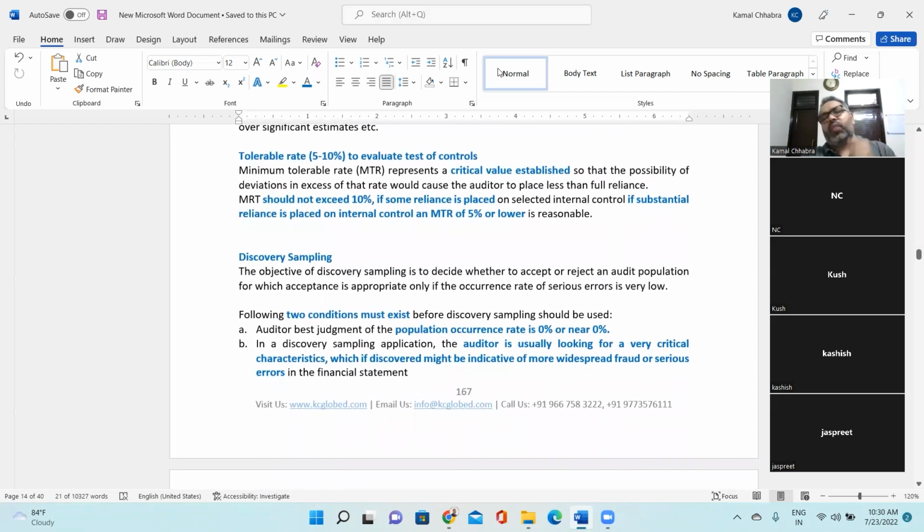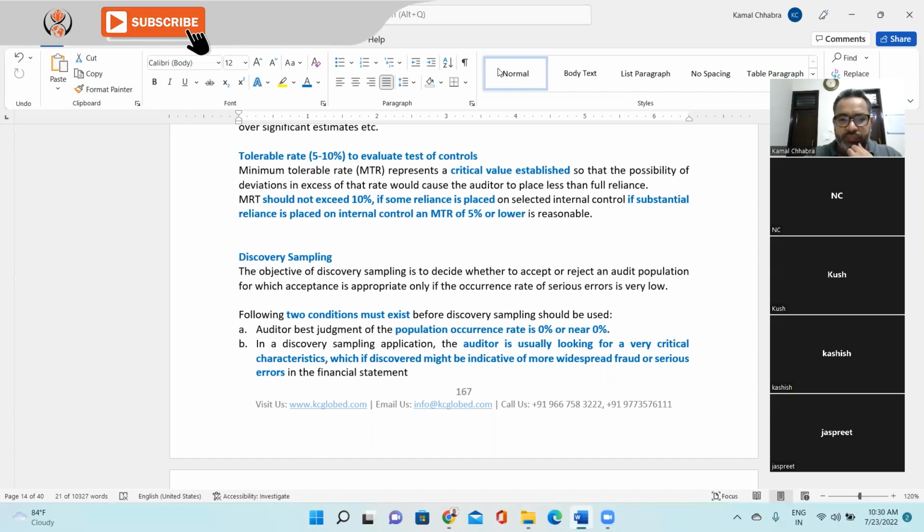Now coming to the tolerable rate. The tolerable rate to evaluate the test of control is generally 5 to 10% of your overall materiality, right? The minimum tolerable rate represents a critical value established so that a possibility of deviation in excess of that rate would cause the auditor to place less than full reliance.